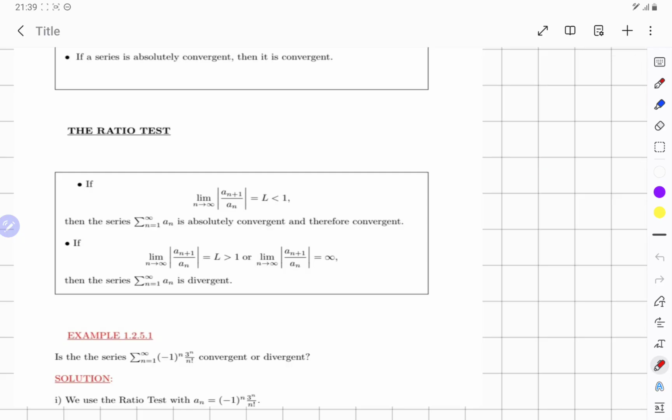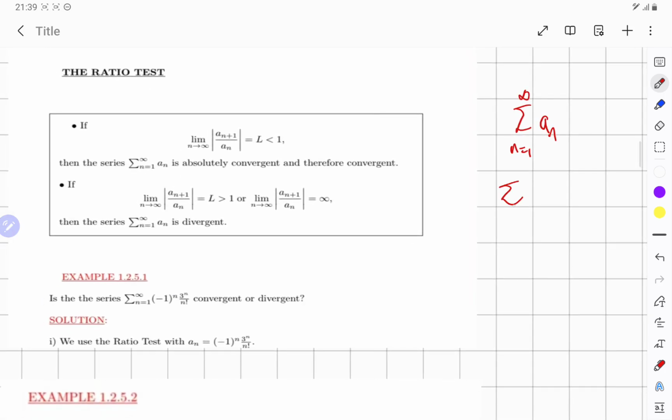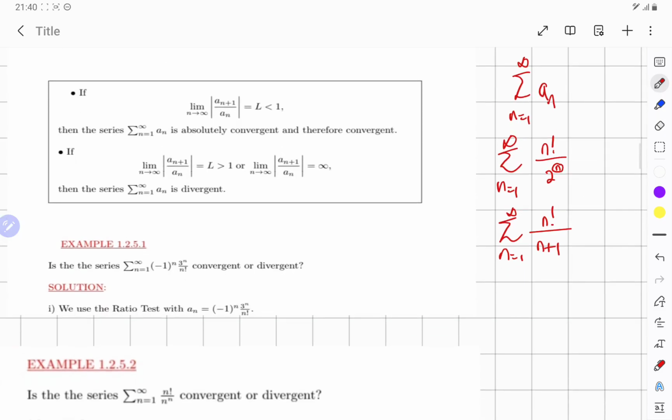So whenever we have a series and that series is in the form of either a combination of factorials and n as your power, or we just have maybe factorials combined with anything like n plus 1, we will always use the ratio test.